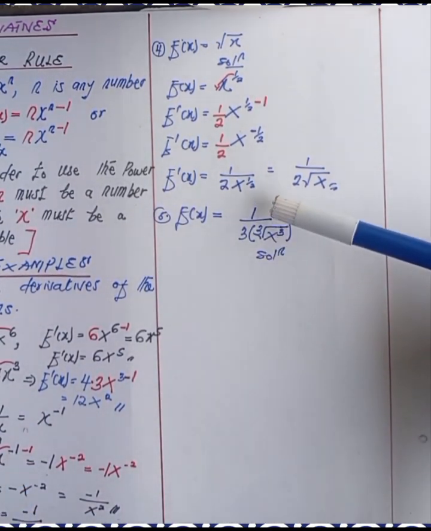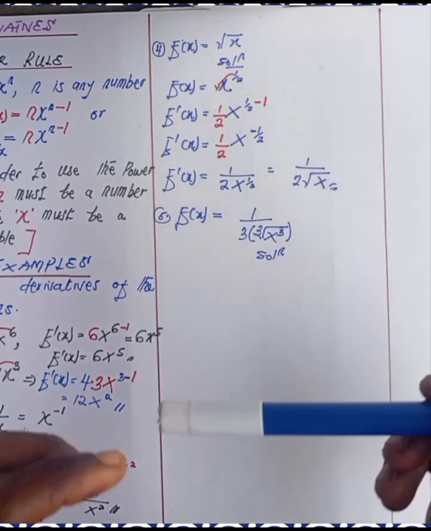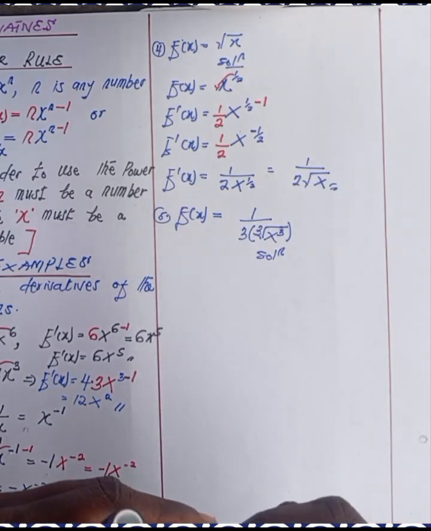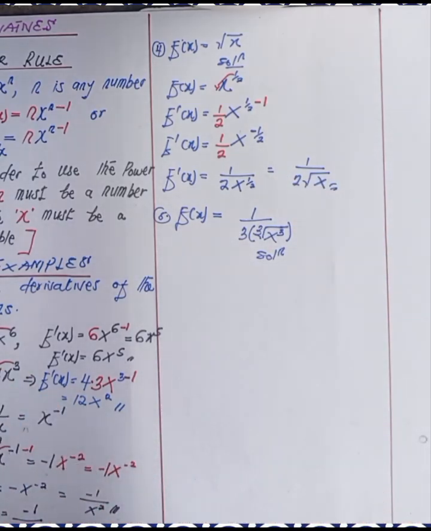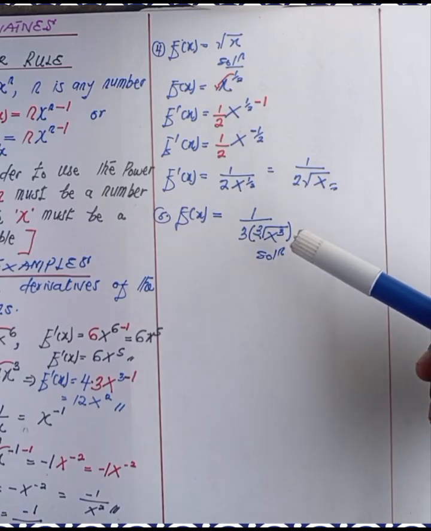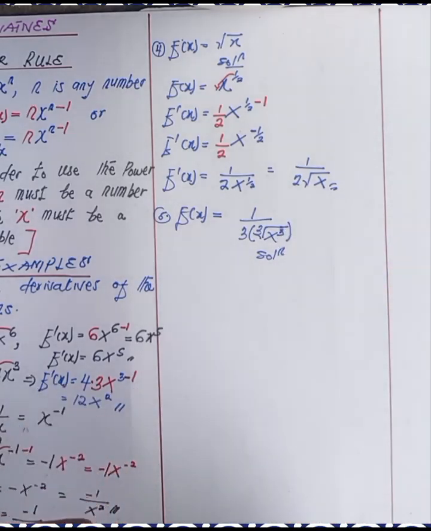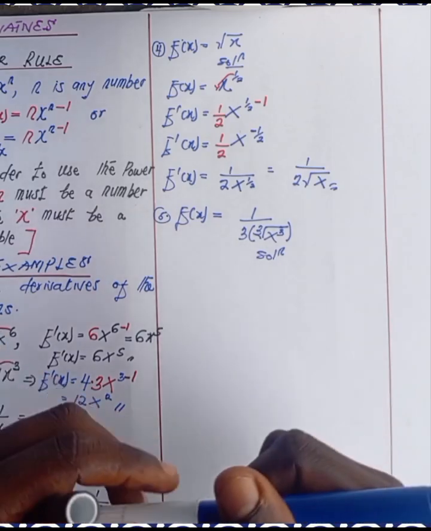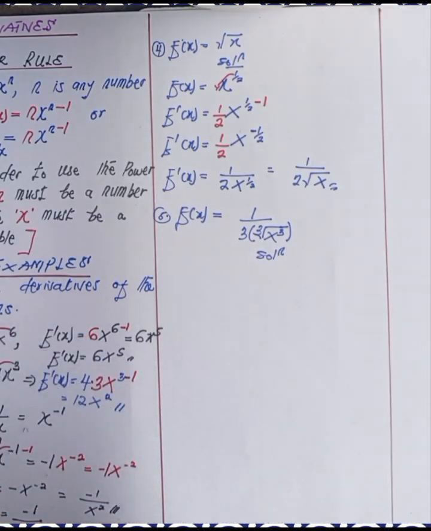Now we have the function f of x is equal to 1 over 3 times the cube root of x cubed. Before we can find the derivative of this, we have to change the cube root of x cubed into a power form so that we can apply the power rule.